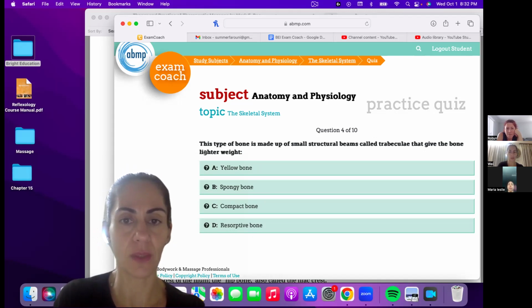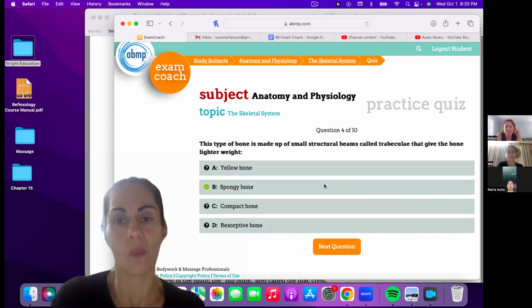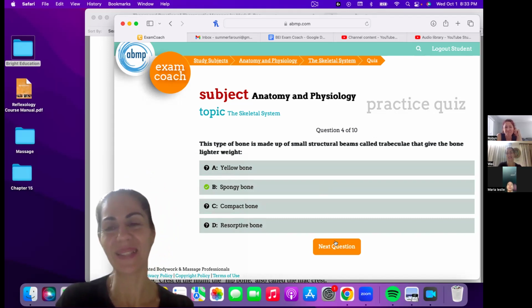We learn something new every day. So it's a bone made of small structural beams. It gives the bone lighter weight. I don't know. Spongy? See? Sometimes there's hints. You can find the closest hint. Good job.